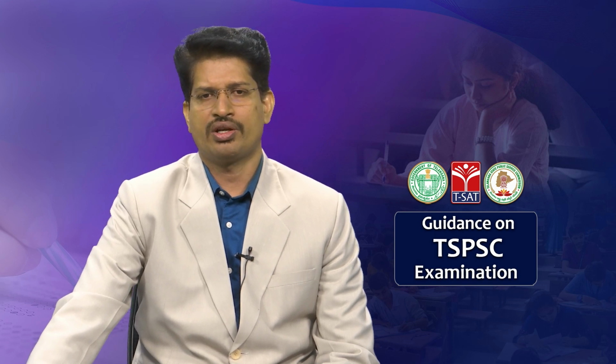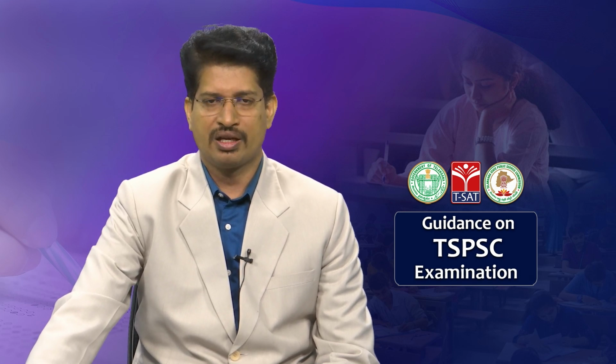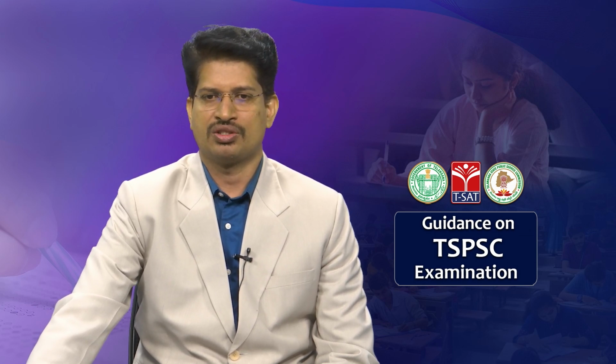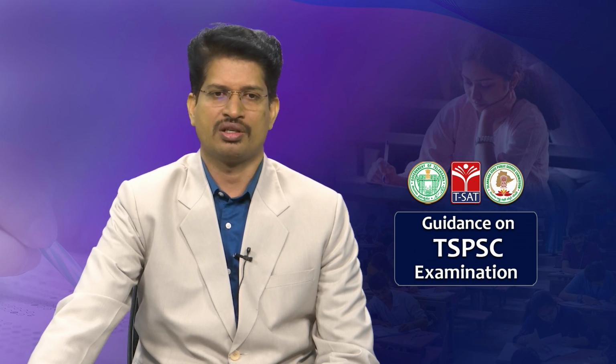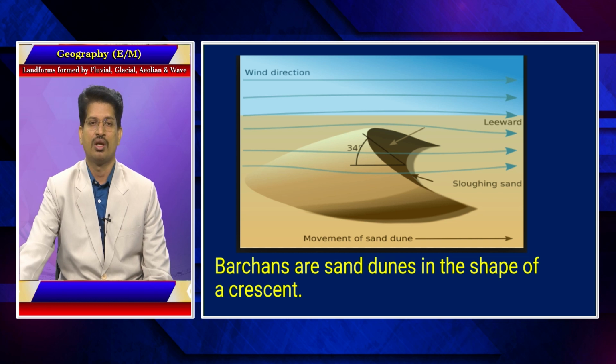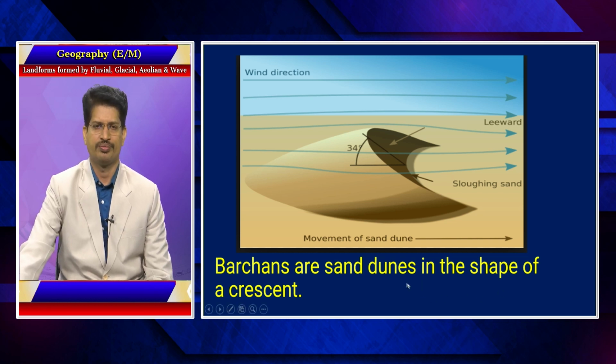In a region where there is more sand, the dunes are described as barchans. Barchans are considered crescent-shaped sand dunes, formed in a desert dominated by sand.